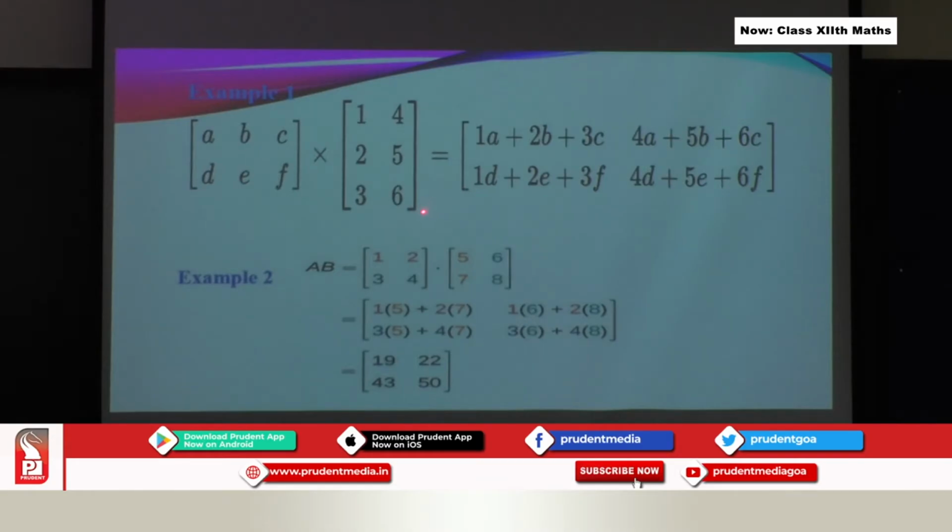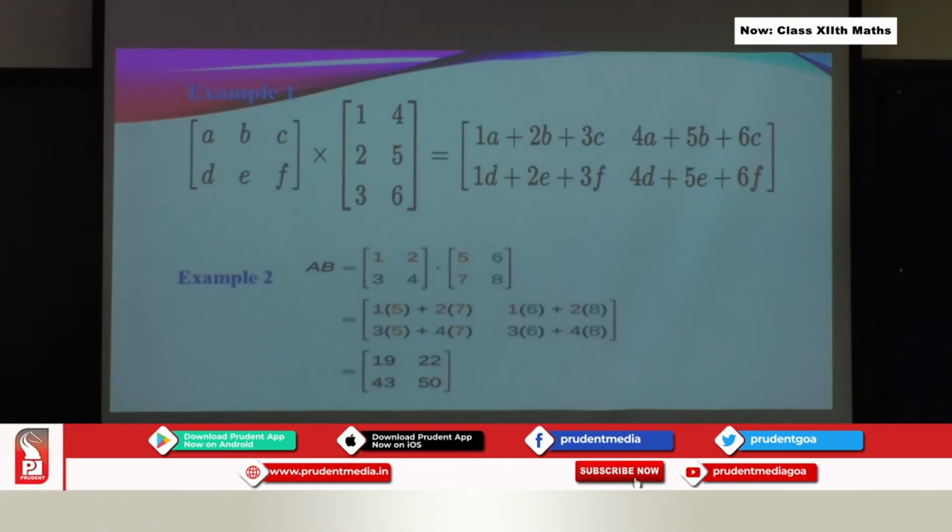It is 3 by 2. Okay, so the number of columns of the first matrix is equal to the number of rows of the second matrix. So now since 3 gets cancelled, what is left? 2 and 2. So that's how I get 2 cross 2, and here we are getting 4 entries. So 2 rows, 2 columns.